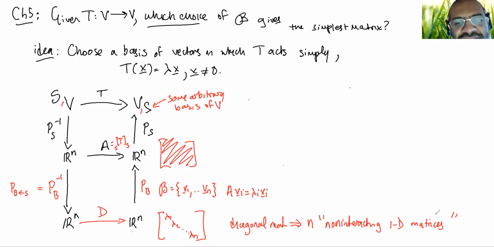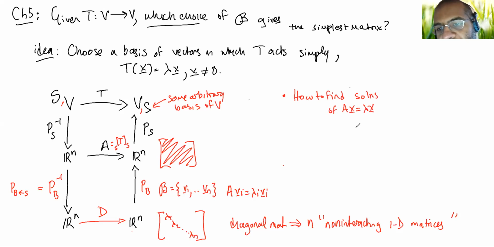And okay, I mean, we discussed how to find solutions of AX equals lambda X. Sorry, I'll write better. Sorry about that. And then we also discussed when are matrices diagonalizable, right?